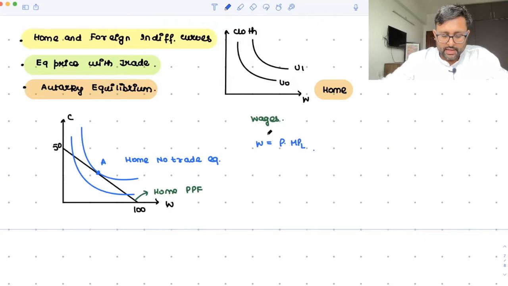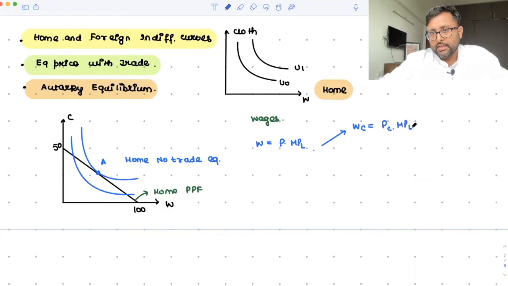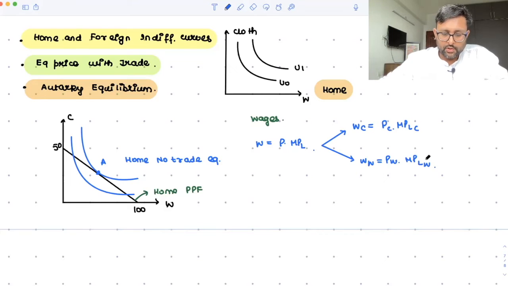You can say this in terms of the cloth industry, P_C into MPL_C, or in terms of wages in the wheat industry.